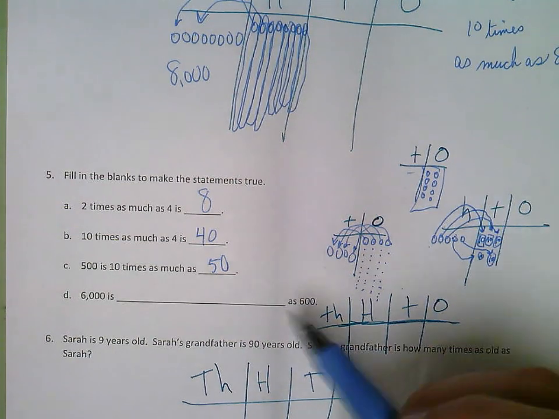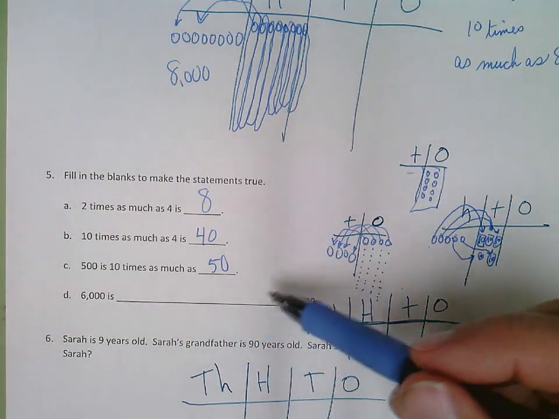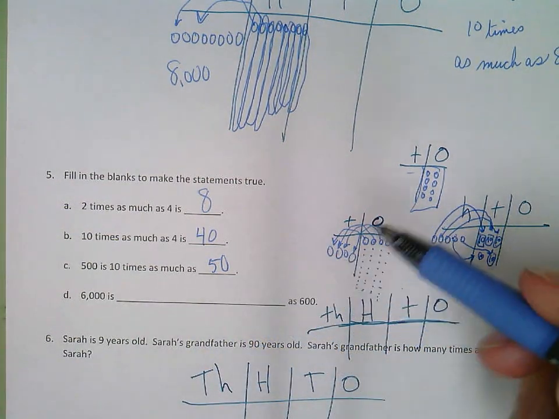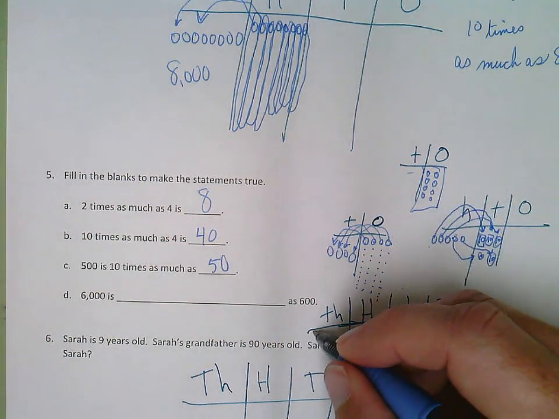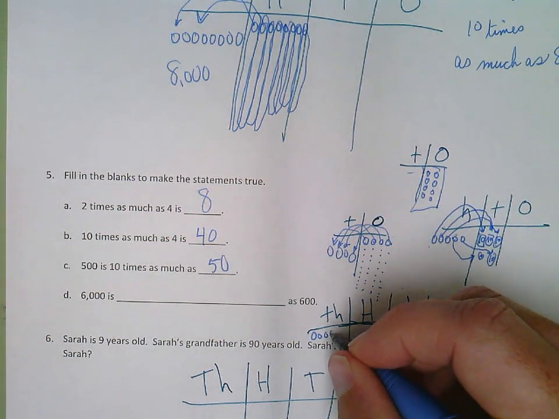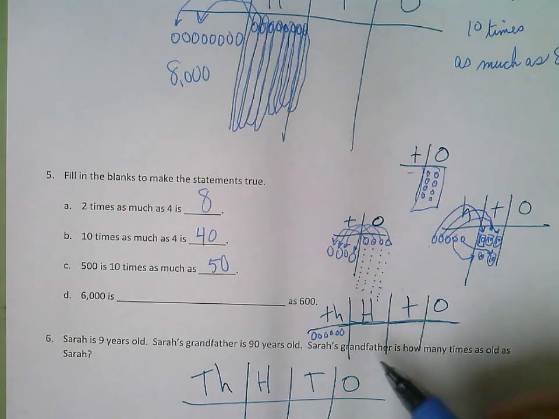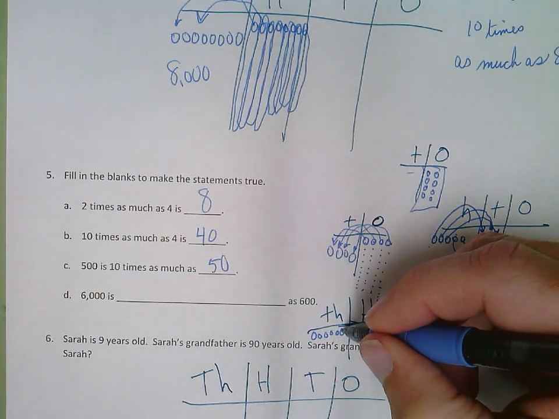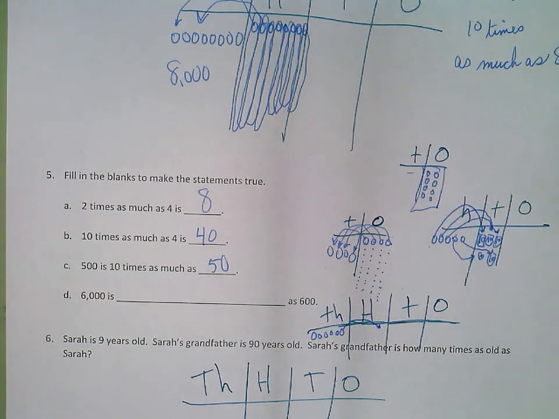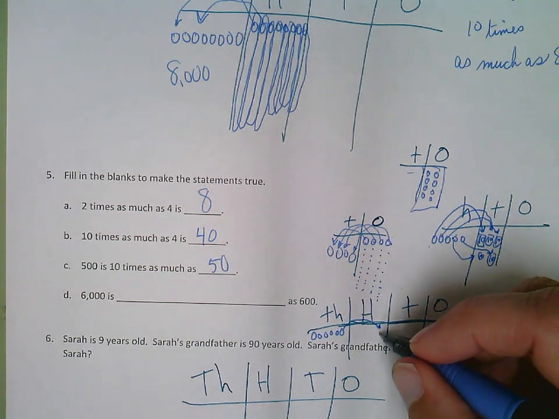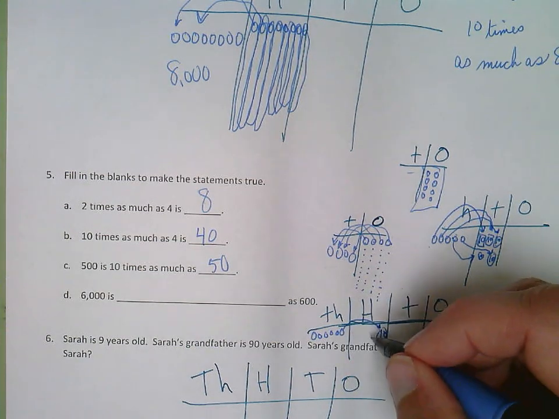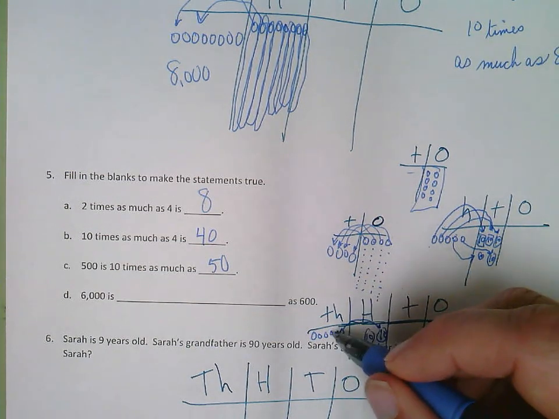And the last one here, 6,000 is blank times as much as 600. And so if I have 6,000, 1, 2, 3, 4, 5, 6. If I moved each one of these over to hundreds, that would give me 10 hundreds here. So this would be 10 hundreds, another 10 hundreds, 1, 2, 3, 4, 5, 6.